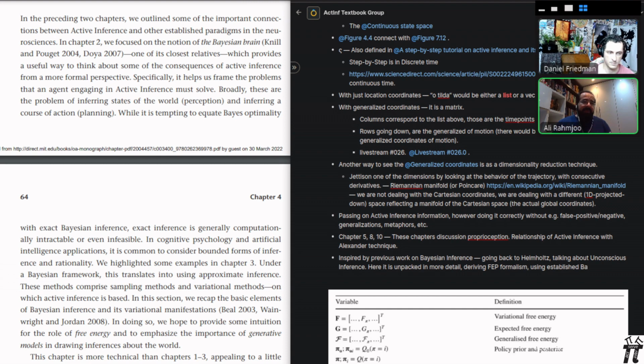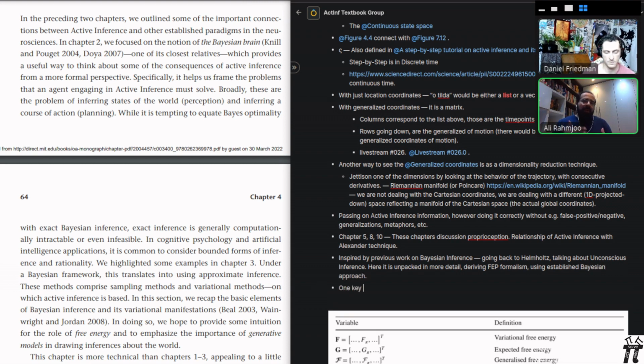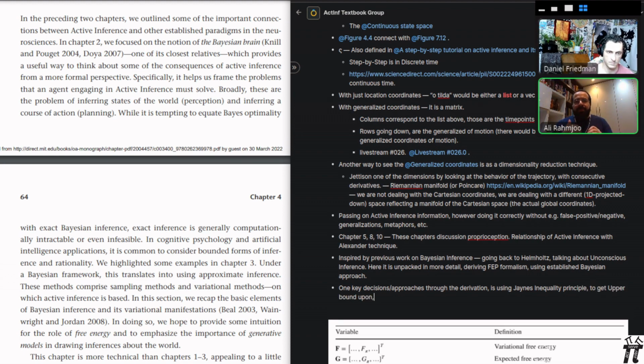One of the key decisions through the derivation is using Jensen's inequality to derive an upper bound instead of just using the exact values to achieve the required parameters.